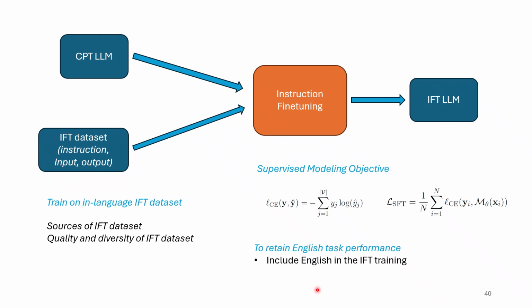At the same time, while you are doing this to improve in-language performance, say for Hindi or Spanish, you also want to retain performance for the English task. How do we do that? Just as we did for CPT, we would also want to have a fraction of examples in English during instruction fine-tuning.